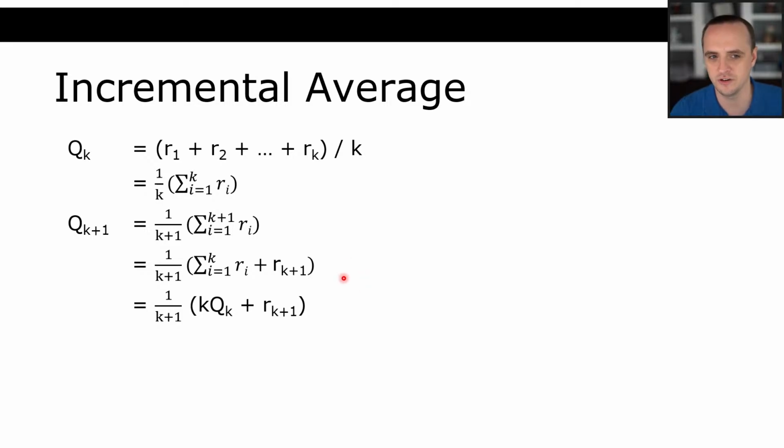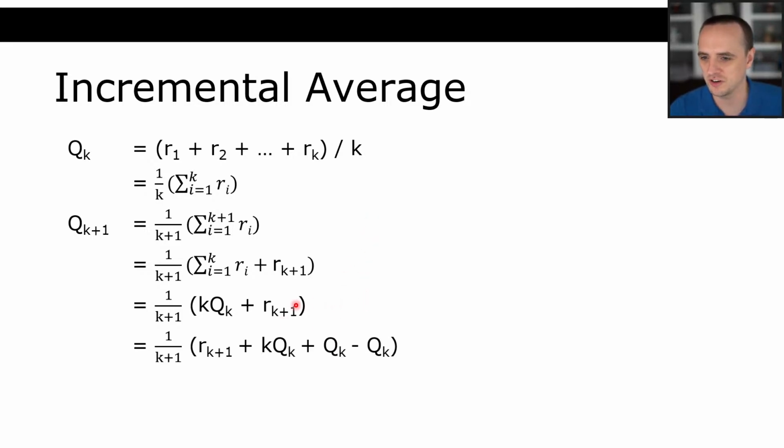So now we are going to do some little trickery. We're going to take this, add Q_k and subtract Q_k. What we've really done here is nothing, right? Because we've just added something and removed it, but it's going to allow us to do a little bit of factoring.